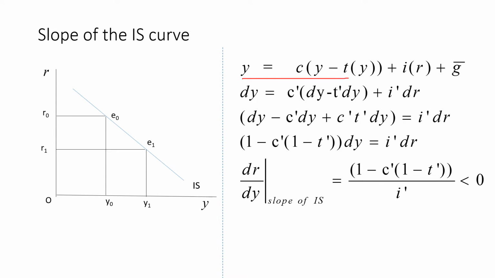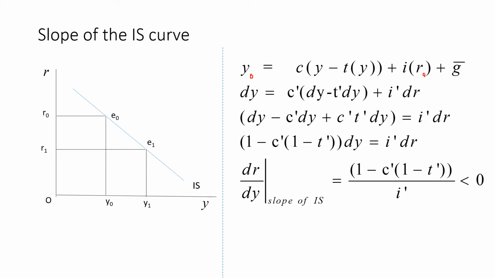From this condition, what we did was we considered R0 first, and then correspondingly we got one equilibrium income at Y0.